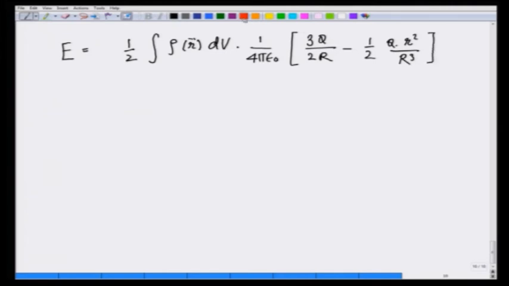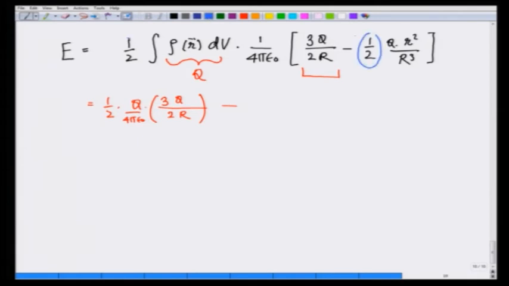The first term is a constant. So the integration comes out to be equal to this charge q times this constant, and therefore, I can write this as 1 half q times 3 q over 2 r, and there is a 4 pi epsilon 0 in the denominator, minus the next term, which is this 1 half, and this 1 half is 1/4 q over r cubed.